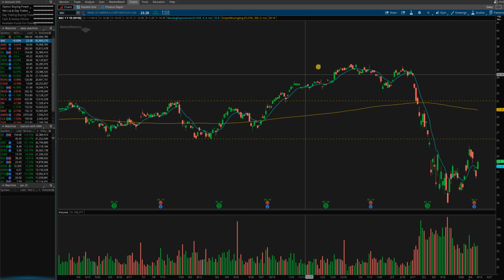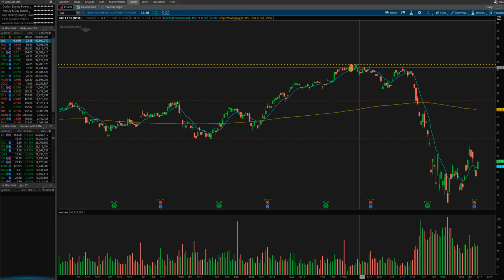As you can see, at this area, this is the price which is acting as resistance, around $35. If you were holding the stock here and it keeps going up and up, you don't know when to sell. But by looking at the chart, you can tell the stock is having a very hard time going around this area. It cannot go above this area again and again.